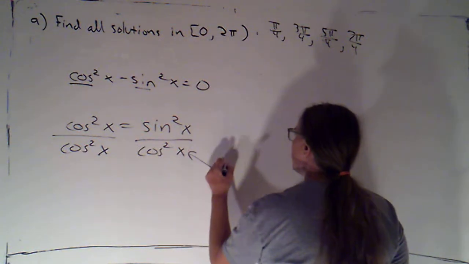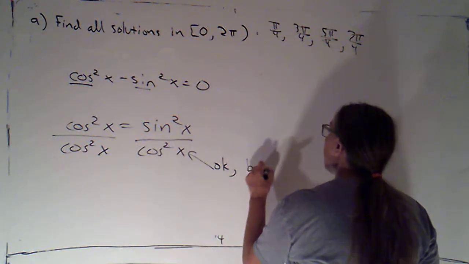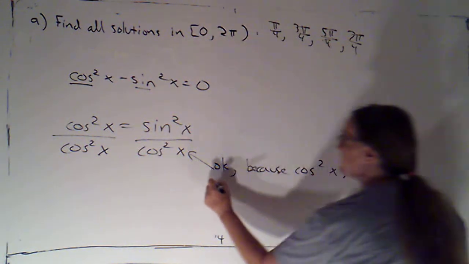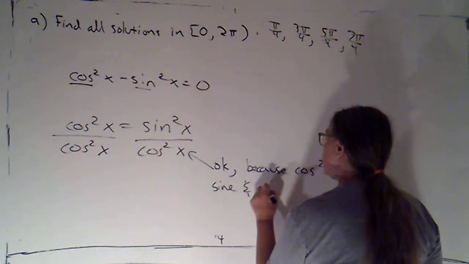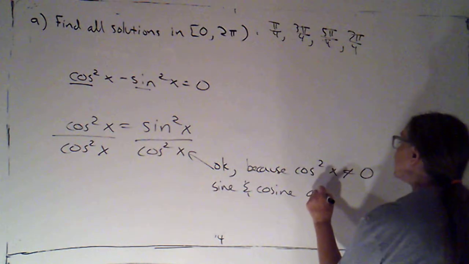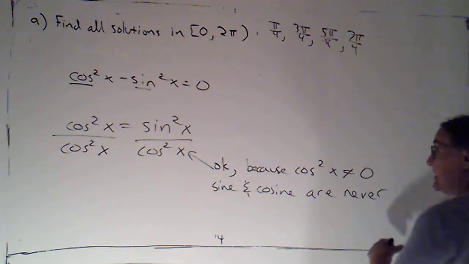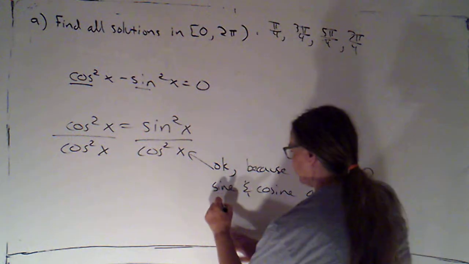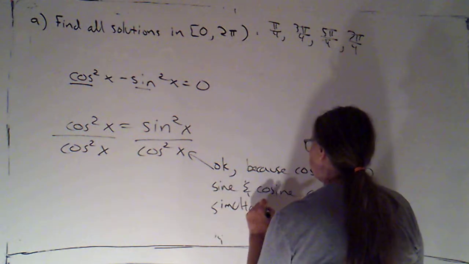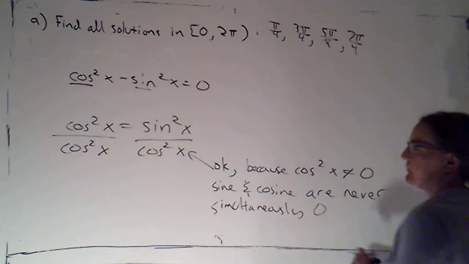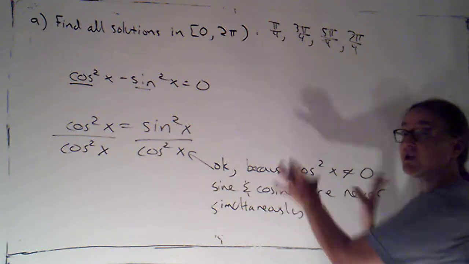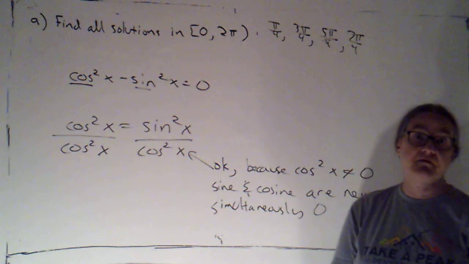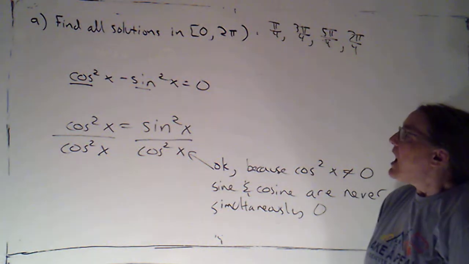So I'm just going to make a note, okay, because cosine squared x doesn't equal 0, and that's because sine and cosine are never simultaneously 0. They're both 0 some of the time, but never at the same angle. Now, if you're going to do that, I do want some justification of why you know it's okay to divide by that. Okay. All right.